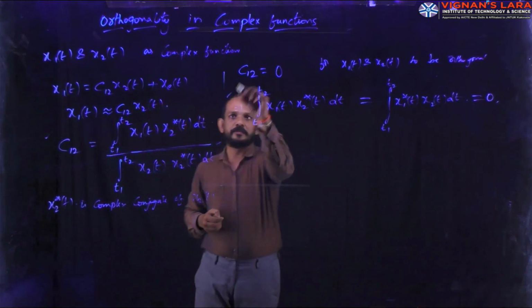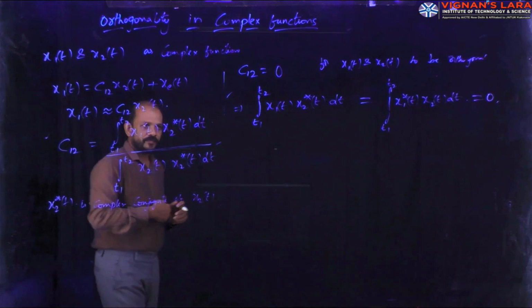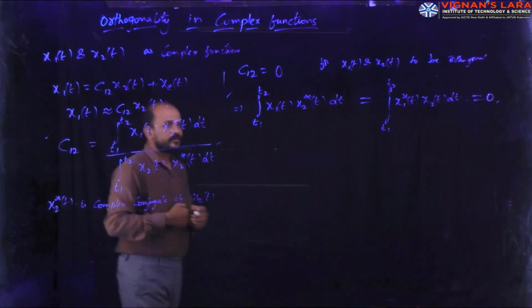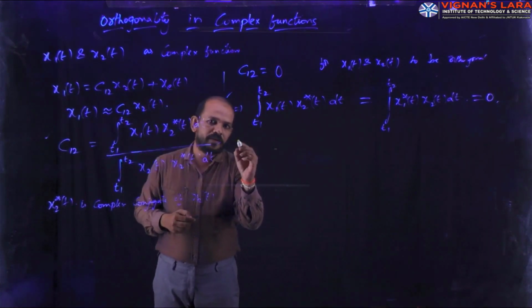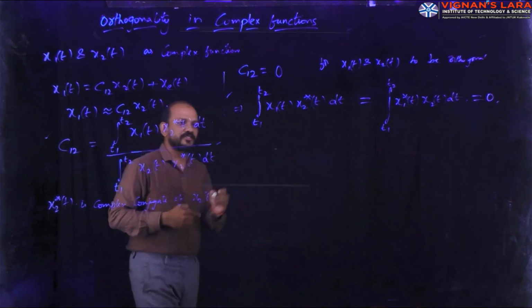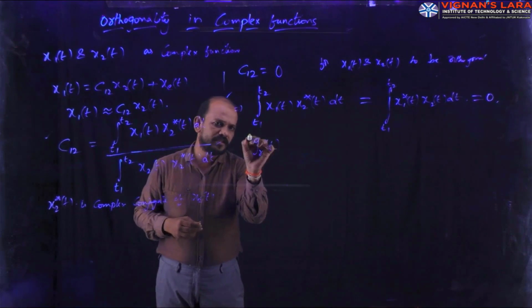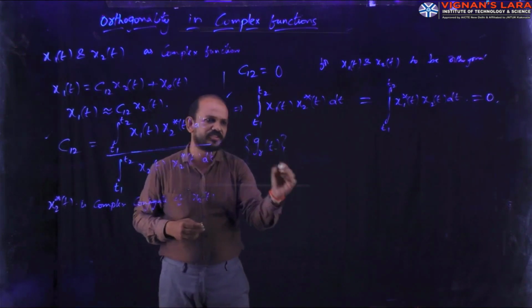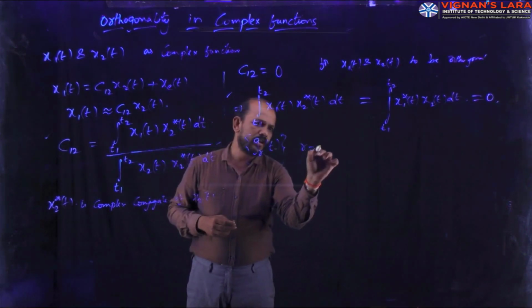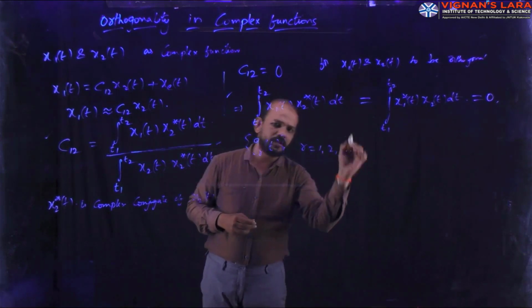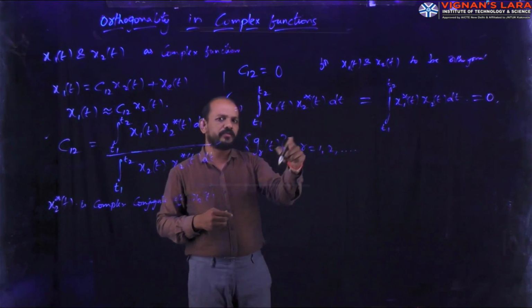Okay, simple. Now let's consider there is a set of complex functions gr of t, where r equals 1, 2, and so on. That is g1 of t, g2 of t, g3 of t, and so on.